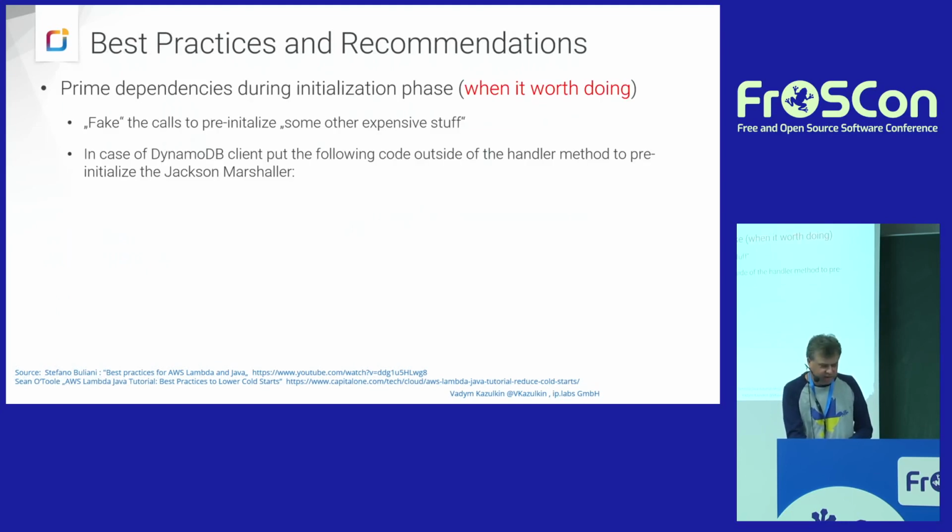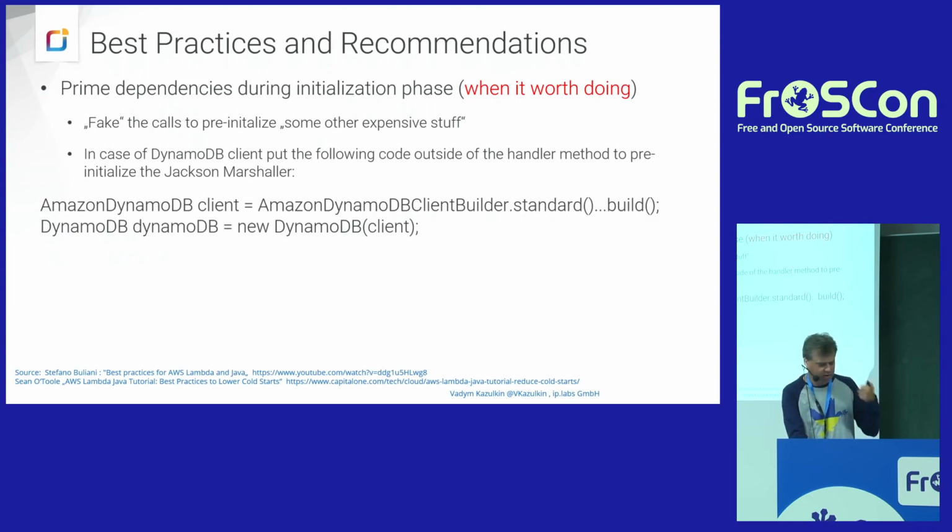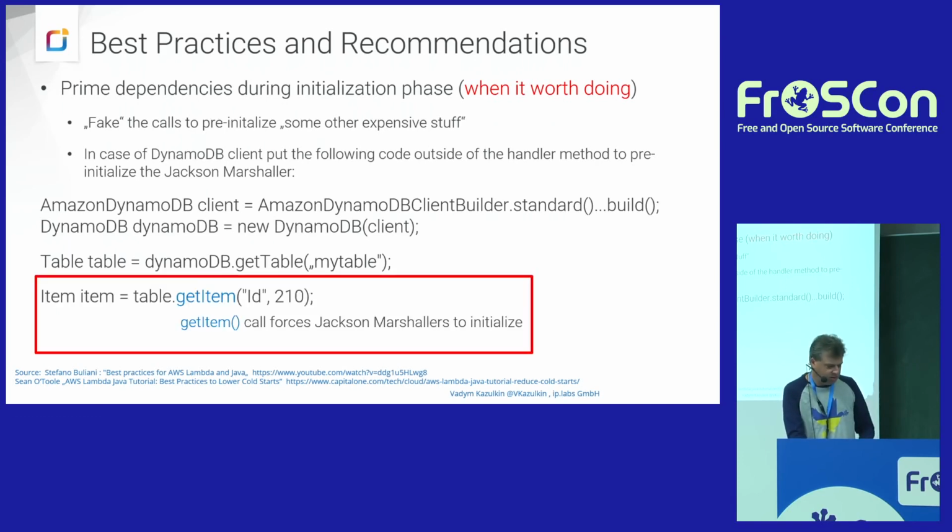Okay, another thing that you probably close your eyes to, but it will become important at the end of my talk. There are some dirty tricks to do that, but you need to be aware of what's happening. For example, if you initialize the DynamoDB client and then call it for the first time, like you would like to get some item from the table, my table.